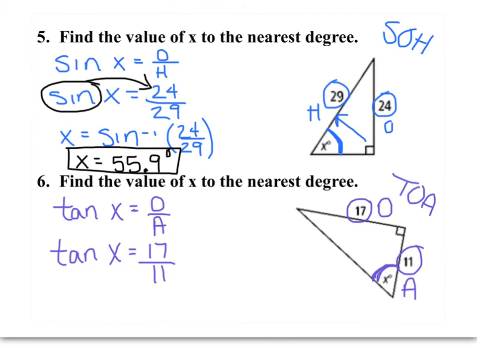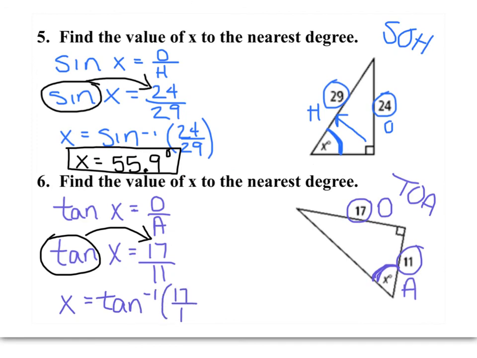So at this point, I have my tangent that needs to move over to the right-hand side. I am going to bring down my x. My tangent will turn into an inverse, and I have 17 over 11.